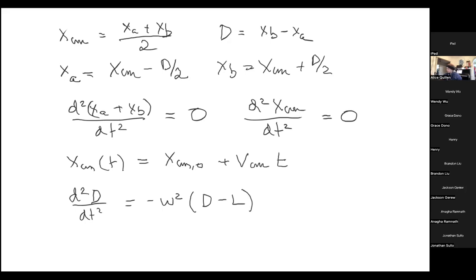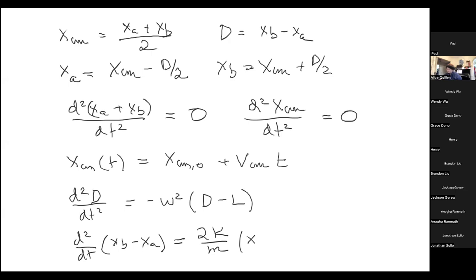So I'm kind of skipping a few steps. Let me write out what you actually get, and then it will turn into this. What you actually get is this when you subtract the two equations of motion: 2k over m, because now instead of the forces canceling each other, they add.